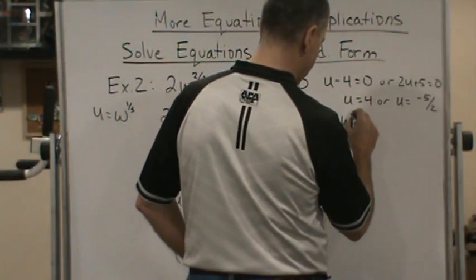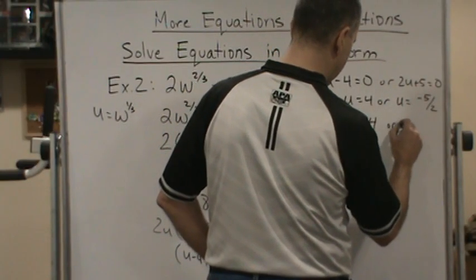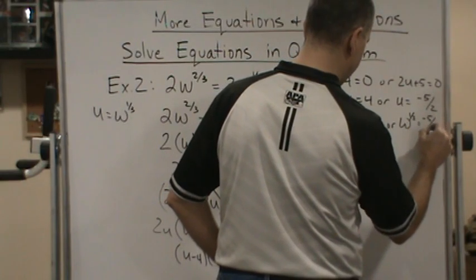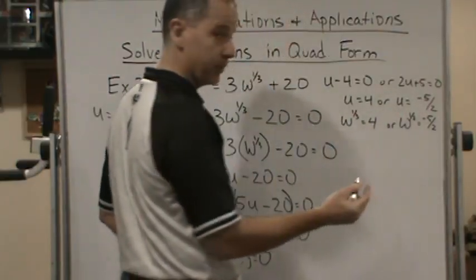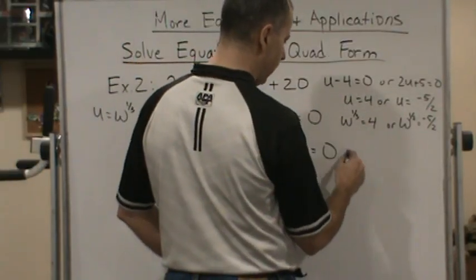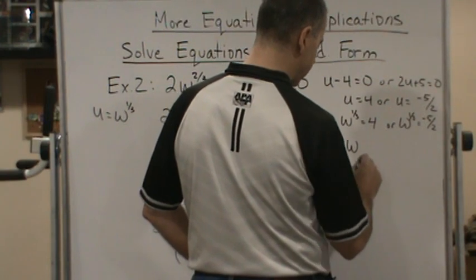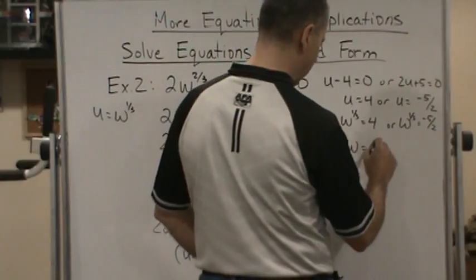So that means w to the 1/3 power is equal to 4, or w to the 1/3 power is equal to negative 5 halves. So now we've got to solve for w, which means we're going to cube both sides. So if we cube both sides here, we get w equals 64.